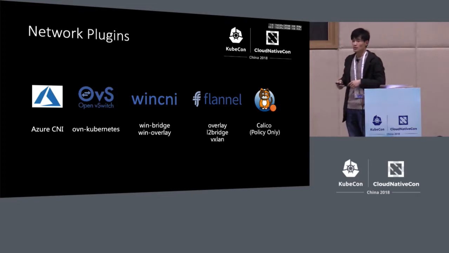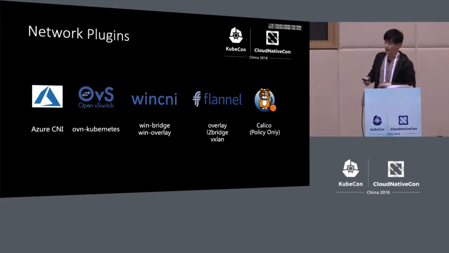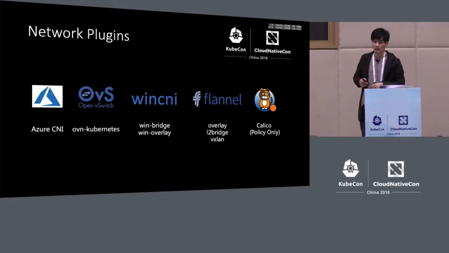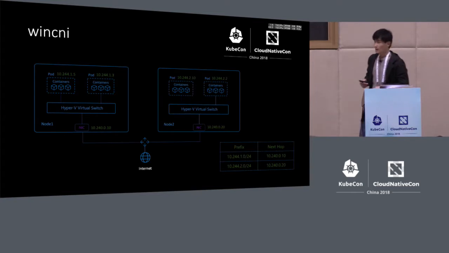You can use NetCNI, and you can make it integrated with your virtualized network. And in other places you can use Open vSwitch and Flannel and other plugins, or Calico, or you can use the simple WinCNI. It's a simple bridging plugin, also like a Kubernetes plugin. So it's a simple way of doing the practice on the network.